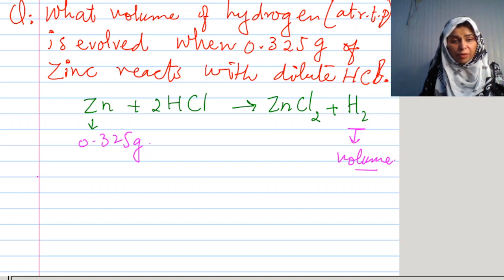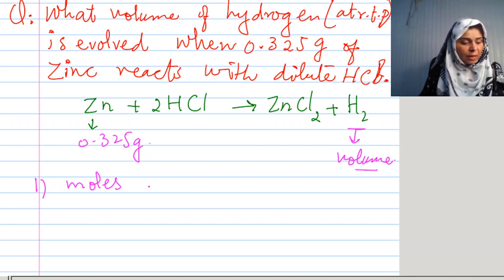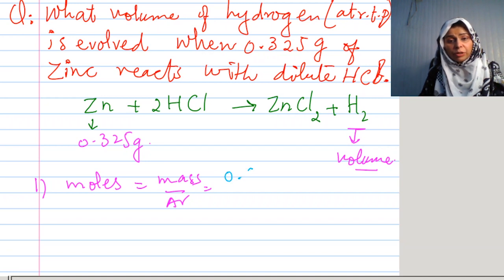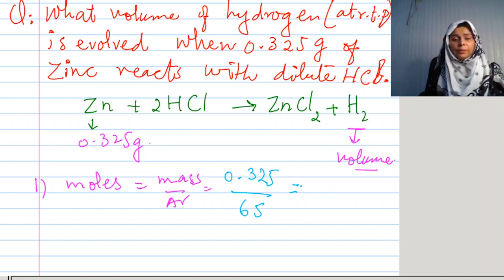Now come to the first step. What will we do? Number of moles equals mass over MR or AR, given mass divided by AR. We are going to put the value 0.325. The atomic mass of zinc is 65. Then what is the answer?